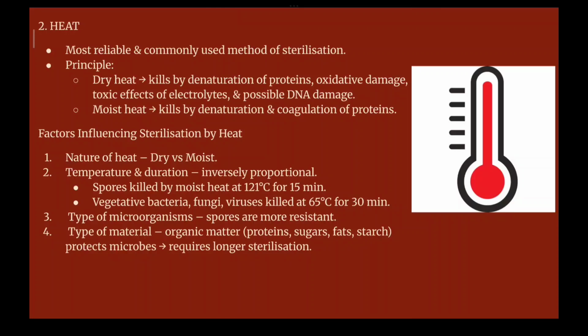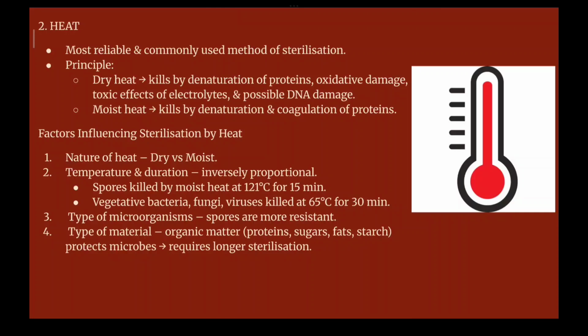Now, regarding types of microorganisms, spores are much more resistant compared to the vegetative forms. As you can see, the temperature required for vegetative forms is less, but for spores it requires 121 degrees Celsius. Now, the type of material present on the microorganism will also determine the amount of heat required to sterilize. Organic matter such as sugars, fats, starch, and proteins is going to protect the microorganisms, which requires longer sterilization.